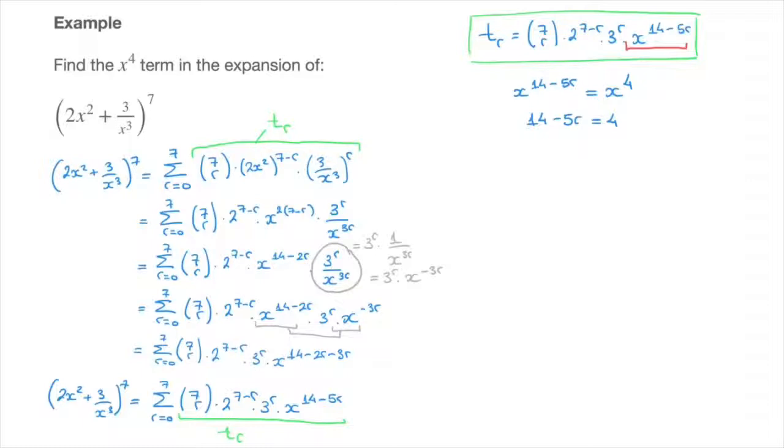That leads us to negative 5r equals 4 minus 14. That's negative 5r equals negative 10. And dividing both sides by negative 5 leads to r equals negative 10 over negative 5. Finally, r is equal to 2.